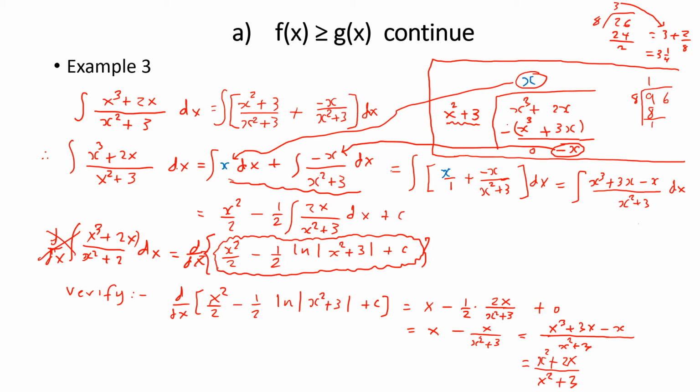So d by dx of x squared over 2 will give us x. And then we have negative half, so this is the negative half. And then d by dx of ln of x squared plus 3, that's going to give us what? x squared plus 3 in the bottom and its derivative on the top.